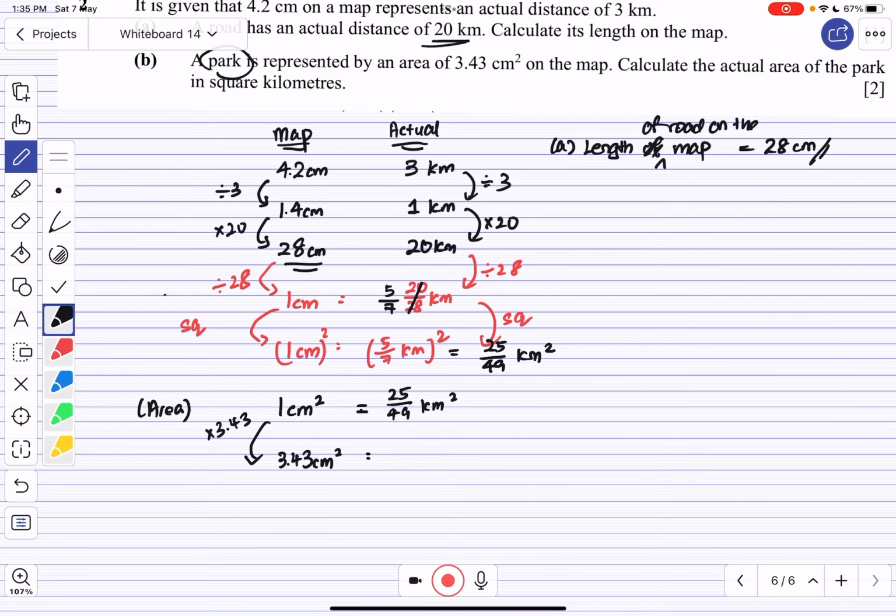This gives me the answer to be 7 over 4 kilometers square. And this will be my answer. Right, so the actual area for part B in square kilometers will be 7 over 4, or aka 1.75 kilometers square. Thank you.